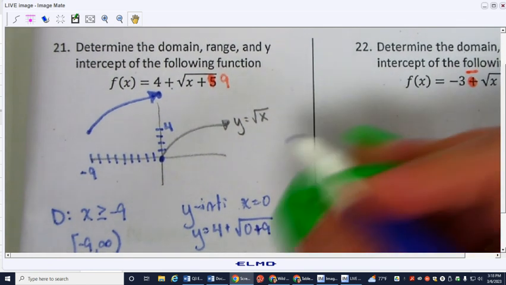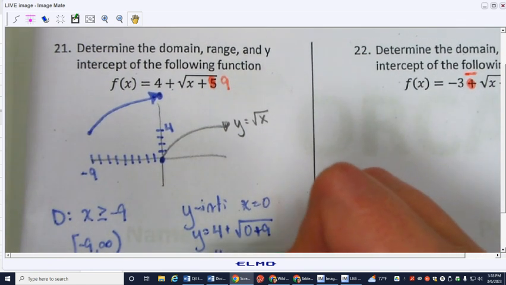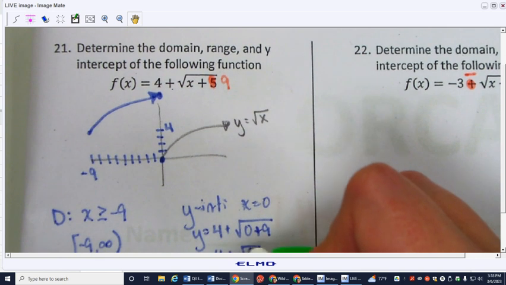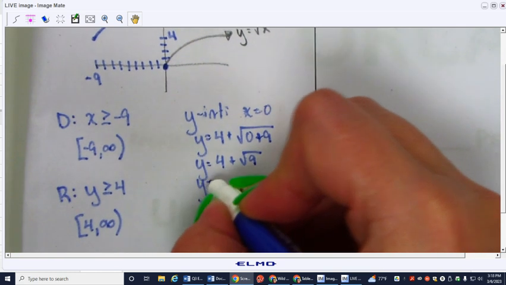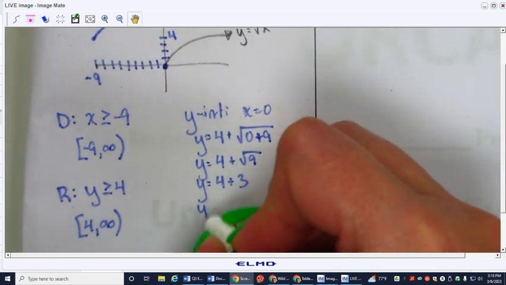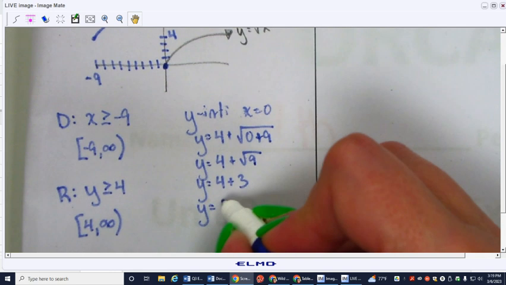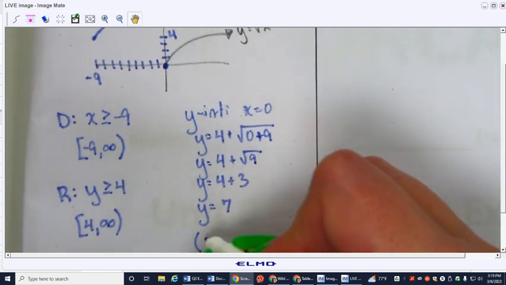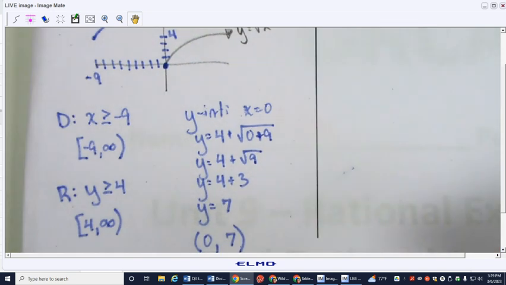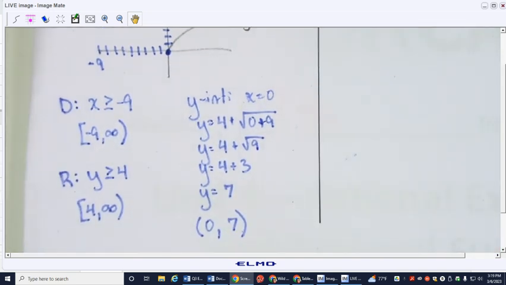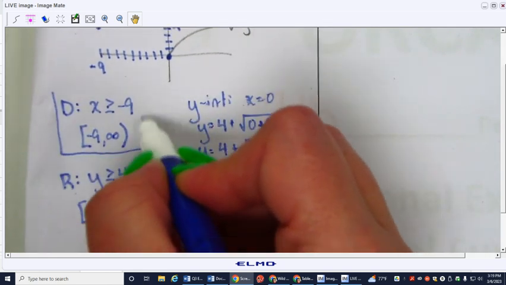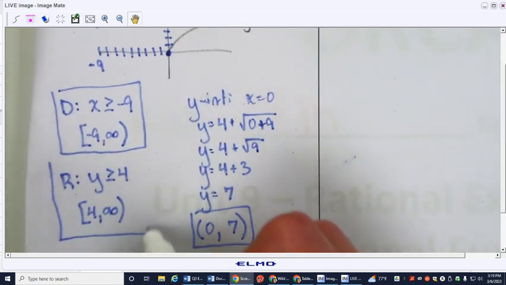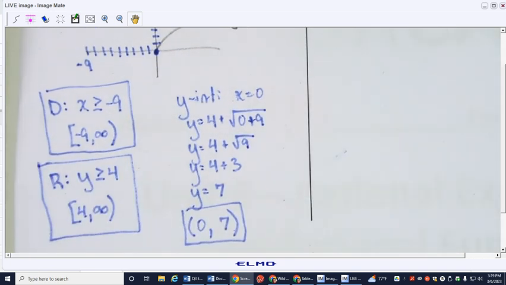Now you see why I wanted to change it to 9. y equals 4 plus the square root of 9. What's the square root of 9? 3. And so y equals 7. So this is the point: x is 0 when y is 7. That's my y-intercept. Y-intercept, domain, range. Questions?